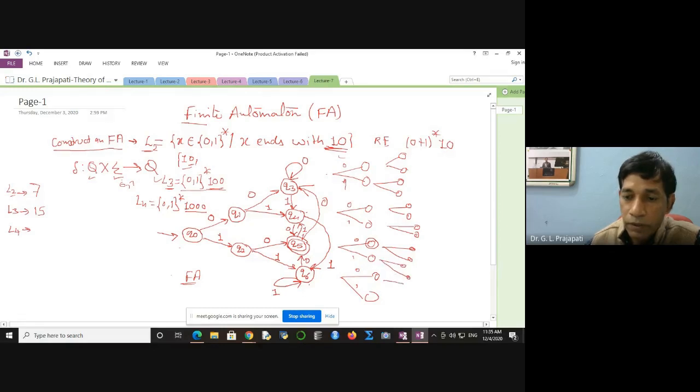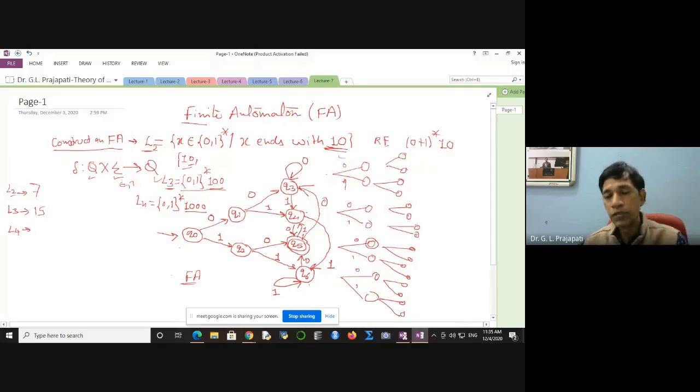If you are here, you have to give the transition for 0 and 1, and from this state also. So if you want to remember the last 4 symbols, then again you have to move one step further, and now you will be in any one of these states.